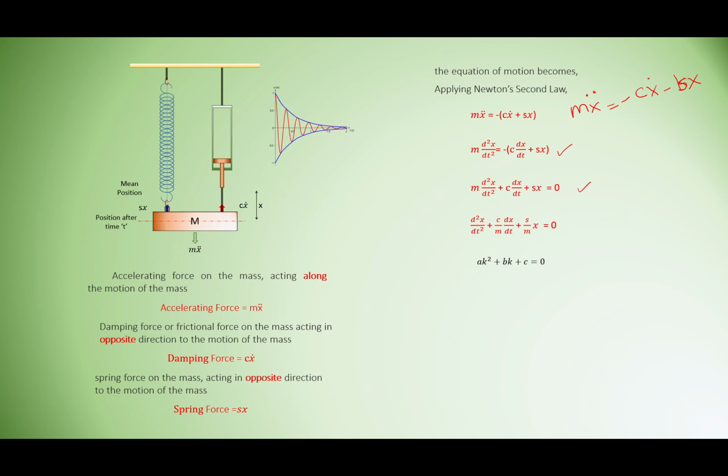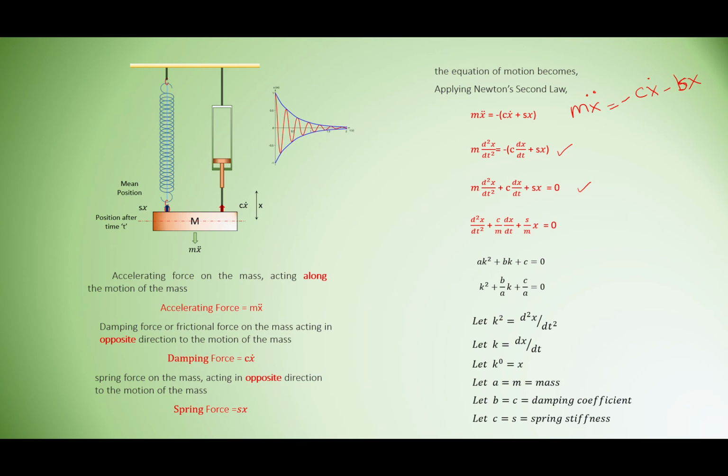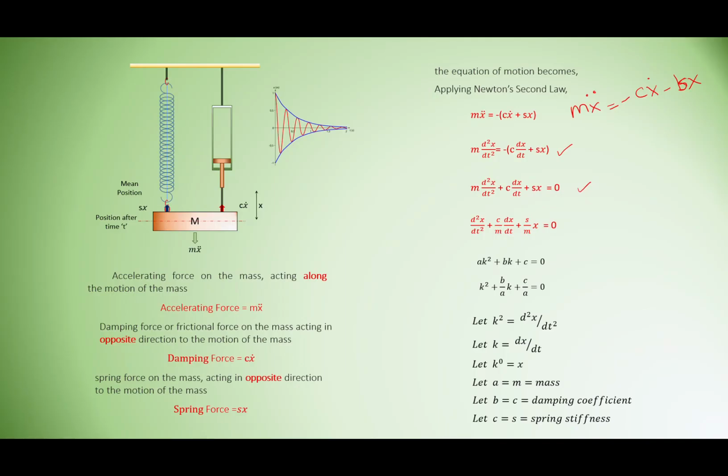So to solve the quadratic equation, you have to divide throughout by A. I have let k squared be d squared x over dt squared, k to the power of 1 as dx over dt, and k to the power of 0 as x, with A the mass, B the damping coefficient, and C the spring stiffness S. So for the whole equation from the previous slide, if we replace the k squared, the b, the a, the k, the c, and the a, you will have this equation on the next slide.